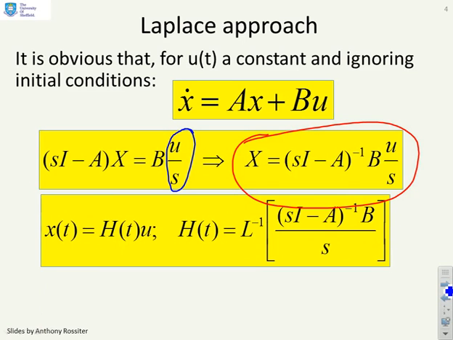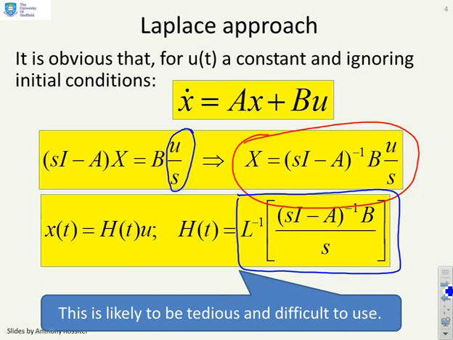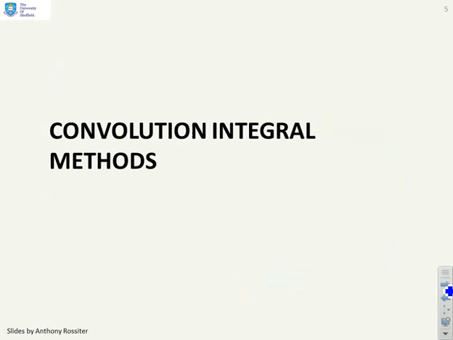I can therefore solve for the step response by doing the inverse Laplace of this transform here, (sI minus A) inverse B over s. Now it's probably obvious that this is likely to be tedious and difficult if you want to do it on pen and paper, but it's a solution you can use if you want to.